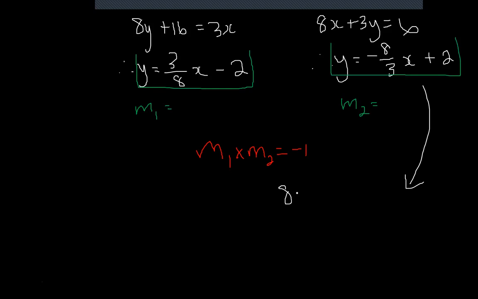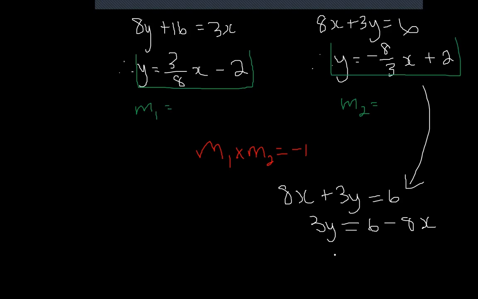Okay, so maybe a problem is transposing. You could practice that. So we're trying to make y the subject of the formula to get it in the form y is equal to mx plus c. This becomes 3y is equal to, we have to minus 8x on both sides. So 6 minus 8x.